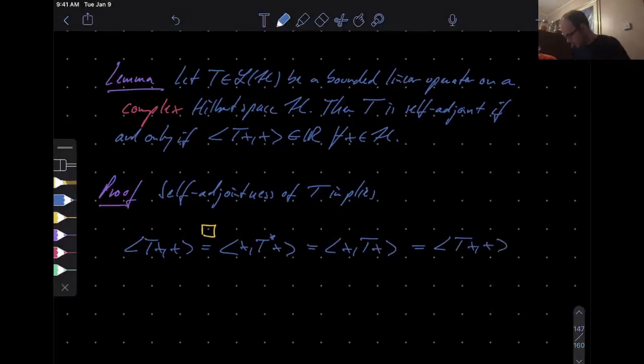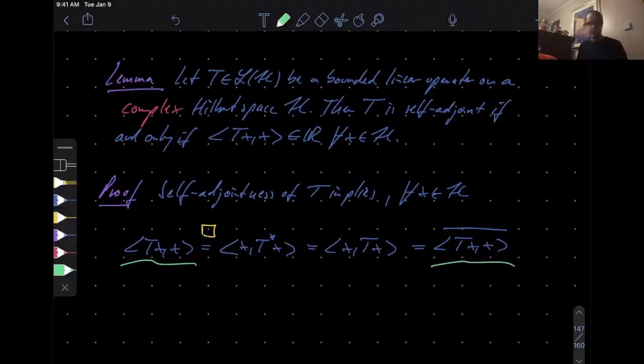You can swap the order at the cost of a complex conjugate bar. And this holds true for all vectors x. So what you have here is a general complex number which is equal to its own complex conjugate, right? And that means that complex number has to be real. Okay. And so Tx comma x is real. Okay, that's the easy one.